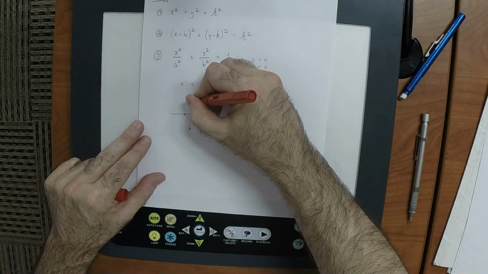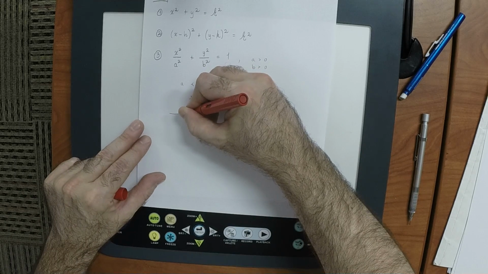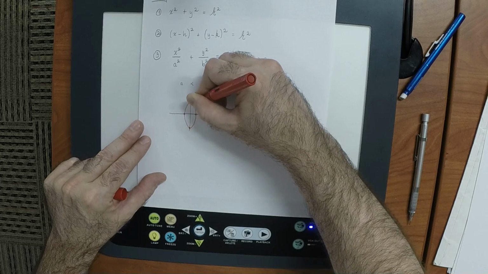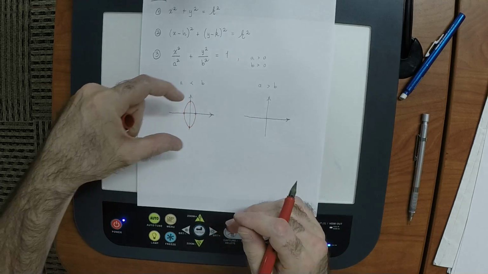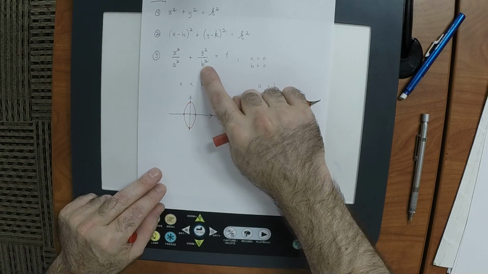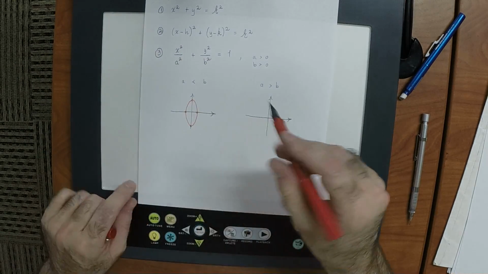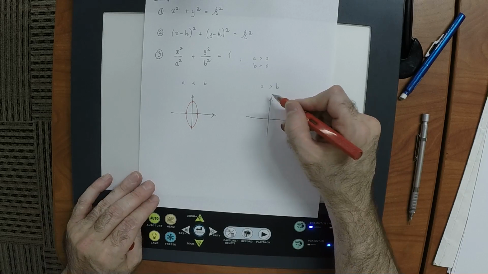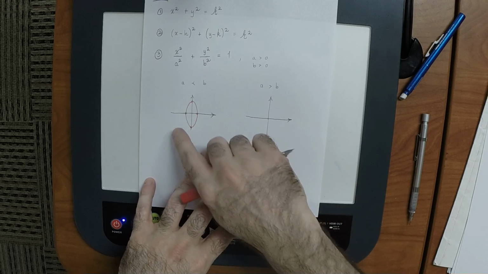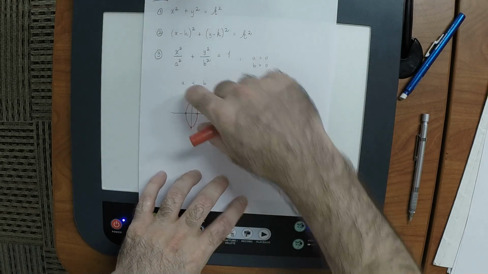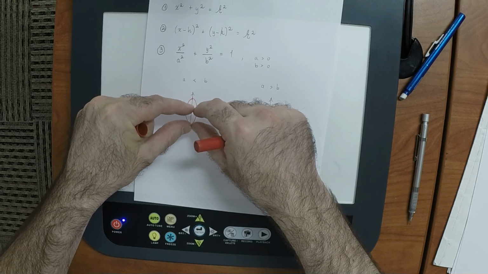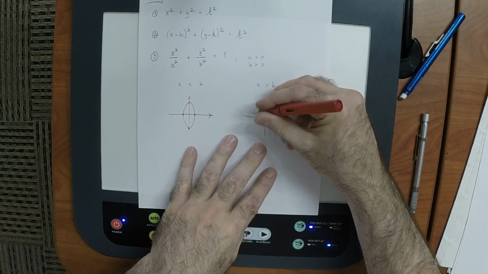So this is an ellipse whose major axis is aligned with y, and whose minor axis is aligned with x. Now, if a is the greater, then what's the distinction? It's like this one, but instead the y things are closer and the x things are further apart.